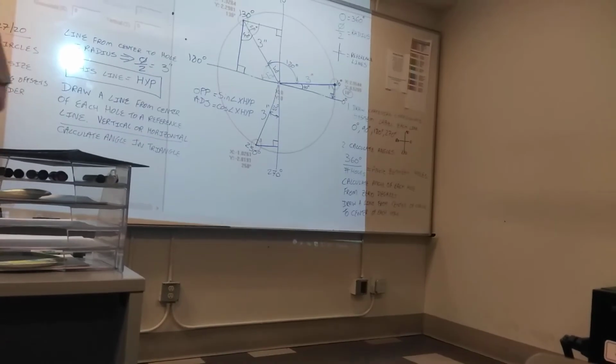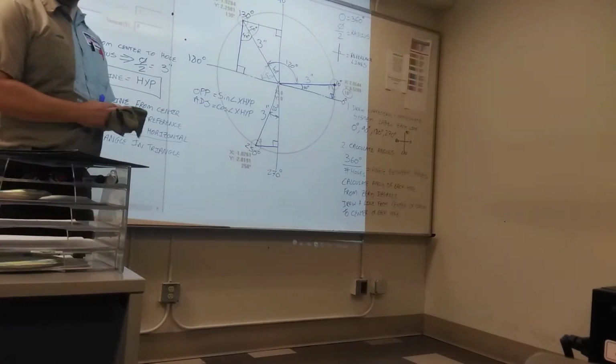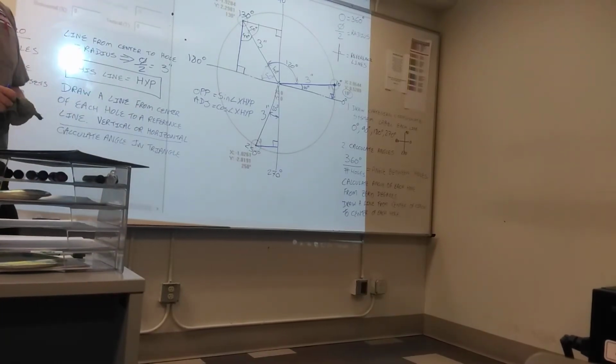To work out the opposite, it's going to be sine of the angle times the hypotenuse. To work out the adjacent, cosine of the angle times hypotenuse. They're both times hypotenuse.